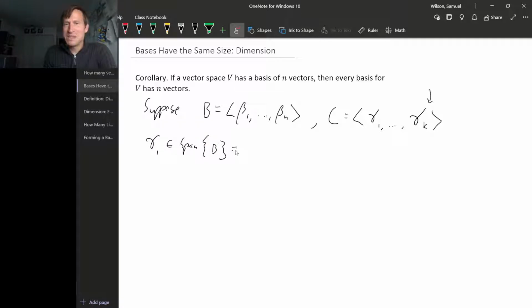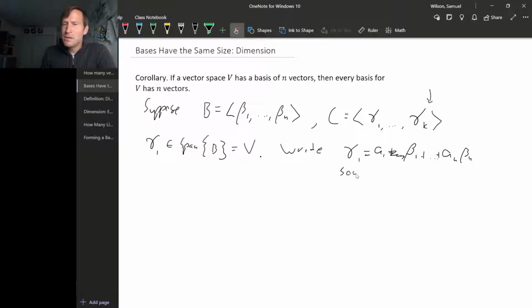Because the span of B is just our vector space. B is a basis for our vector space, so it has to span the whole thing. So we can write gamma 1 as some linear combination of the betas, like this, plus a sub n, beta sub n.